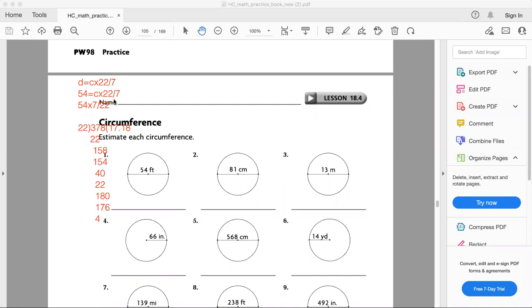So if you bring 22 by 7 to the left hand side, how will the sign of 22 by 7 change, beta? Ma'am, 54 multiplied by 7 by 22. Very good. Now do this, you will get the answer.